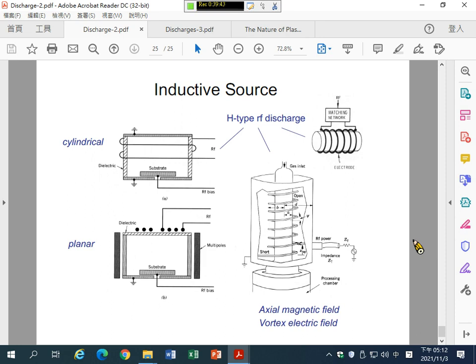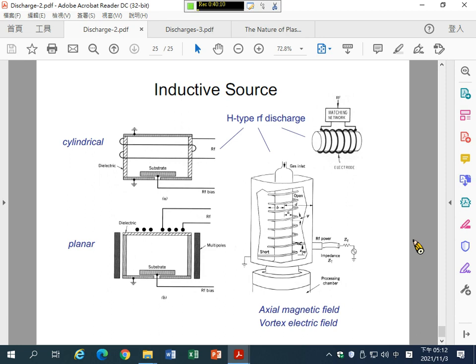Sometimes we use dielectric to name the insulator, so insulating material is dielectric material. In this system, you can use a coil to surround the wall of the quartz tube, and then apply RF power.